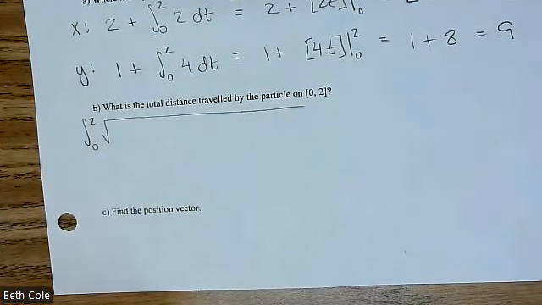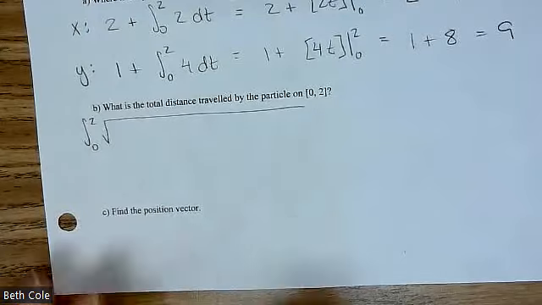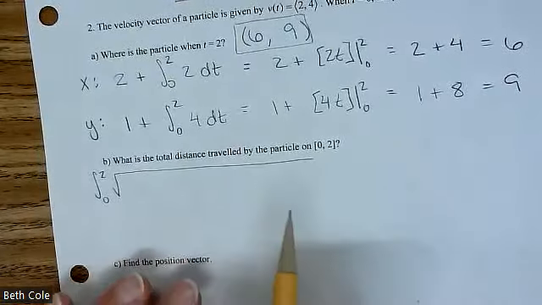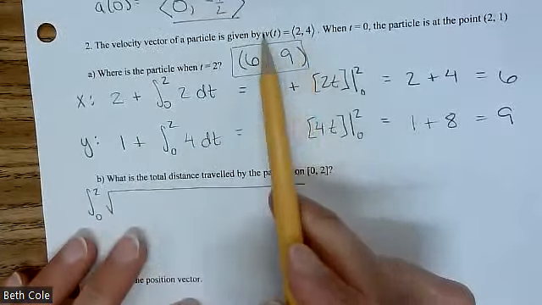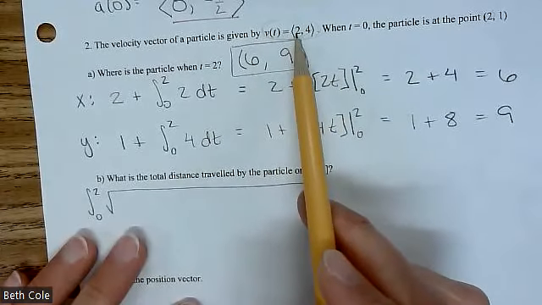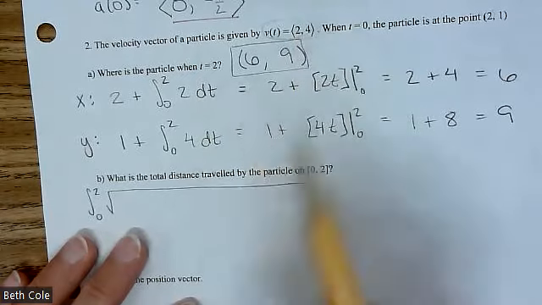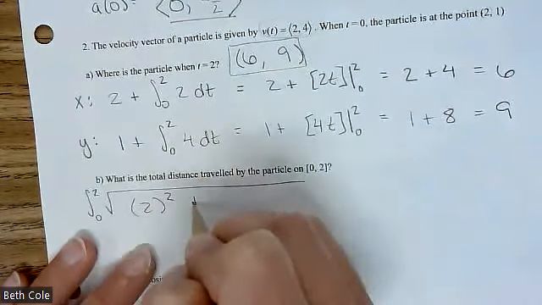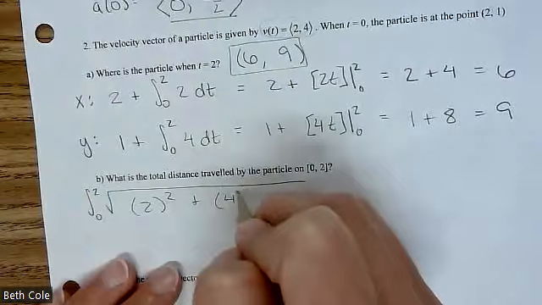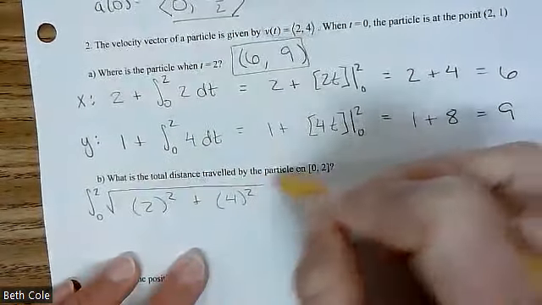Actually, it won't need to be that big this time because the velocity was constant. But what's going to go under there? Look back here. Yeah, 2 squared plus 4 squared dt.